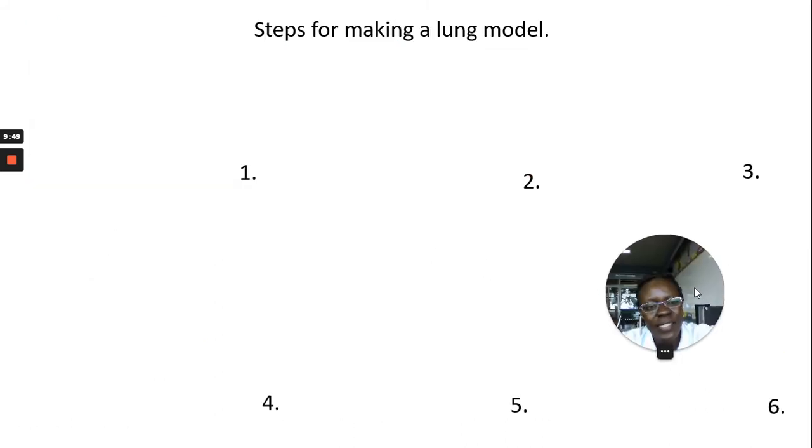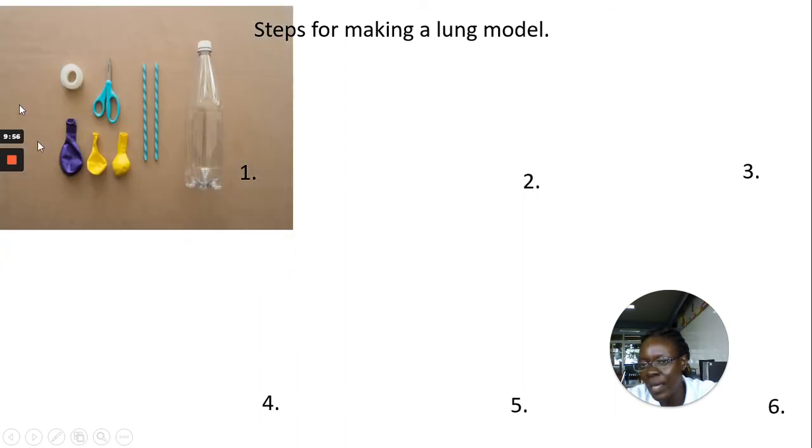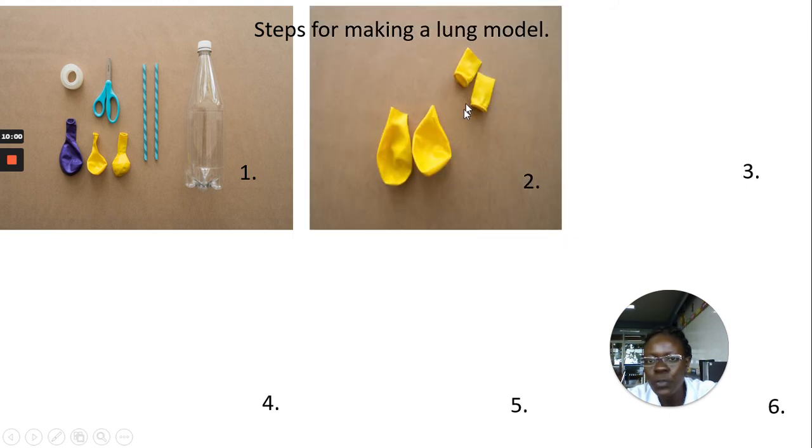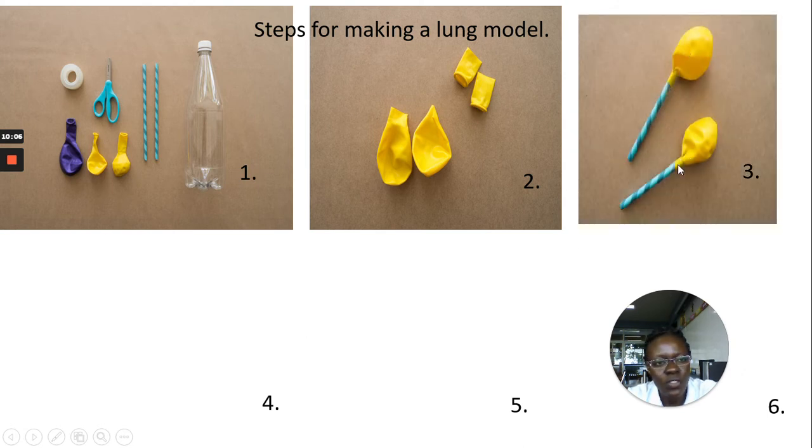Now, what are the steps for making this? So, steps for making a lung model. First of all, you arrange the materials that you need. Then you need to cut the balloon here, and after cutting, you insert the straw, and then you use sellotape to wrap here.